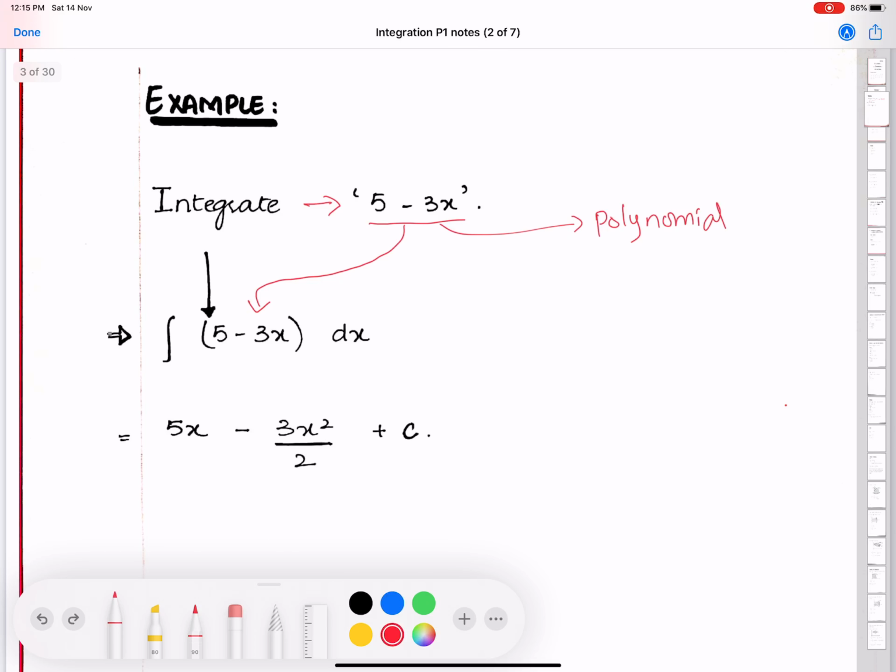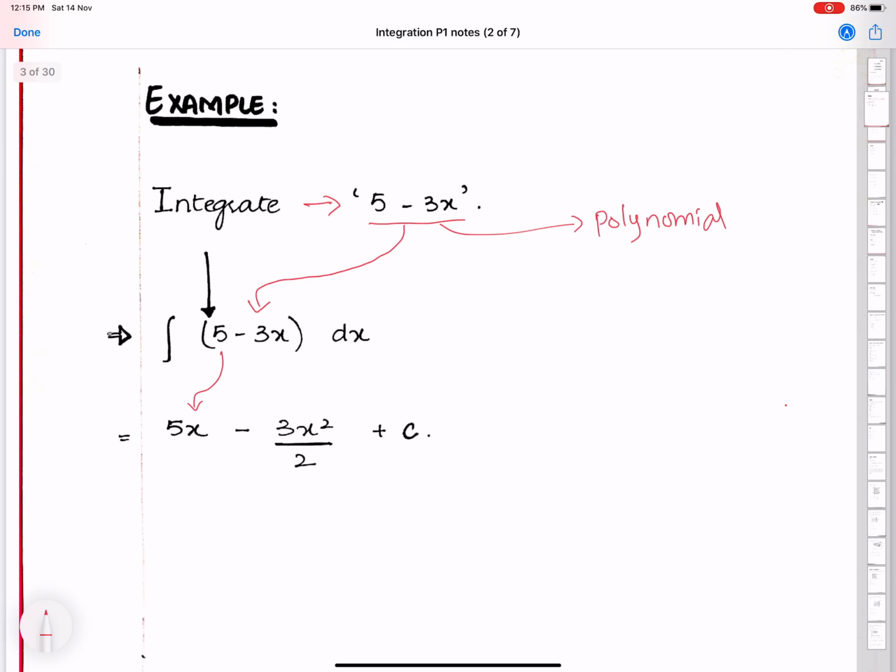And after that, you can integrate this function. So 5 will become 5x, and here we have power 1 of x, so it will become x square upon 2. And this is the constant of integration.